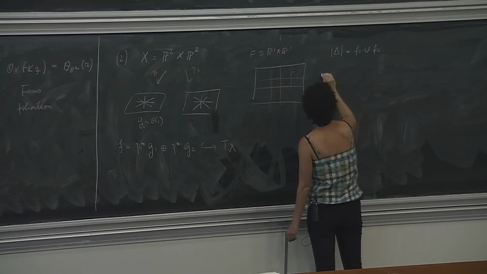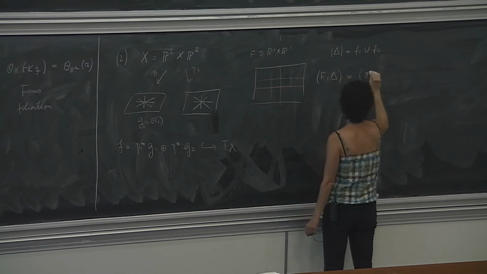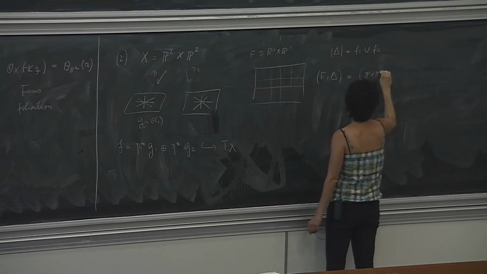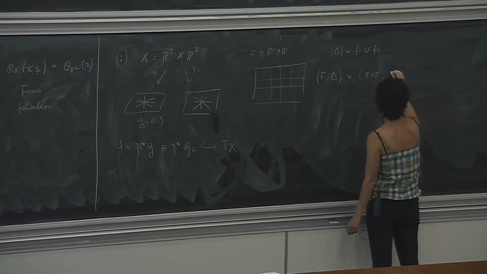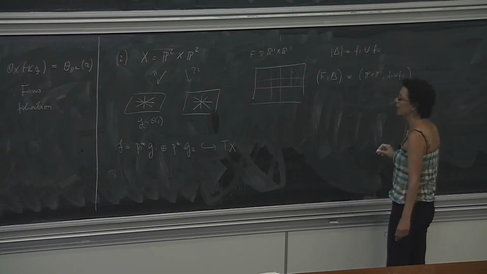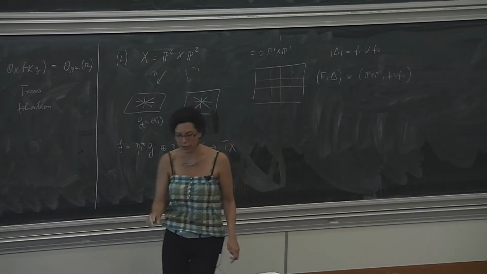So the leaf closure F is P1 cross P1, and the delta is given by a union of fibers. And then again, you see that for points, now there are two different behaviors.